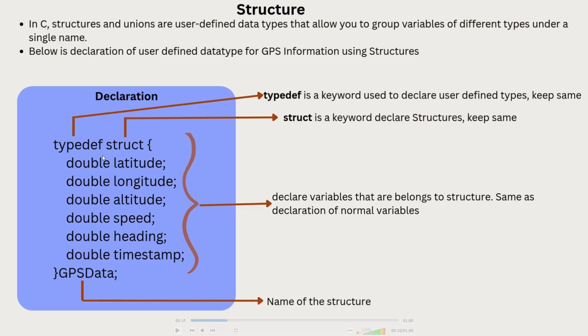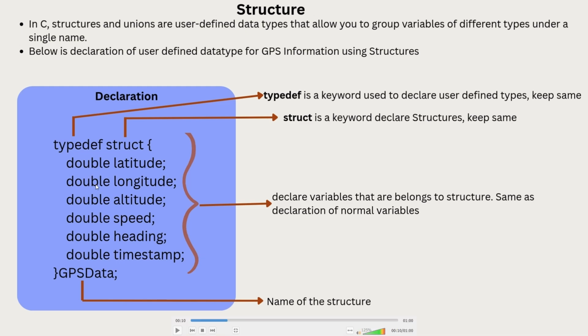So you will give typedef and struct, also a keyword to create a structure, and then you open a brace, and close brace, and inside that put the relevant data. For example, if it is GPS data, we need latitude, longitude, altitude, like this. You can create all relevant data in the form of primitive data types.